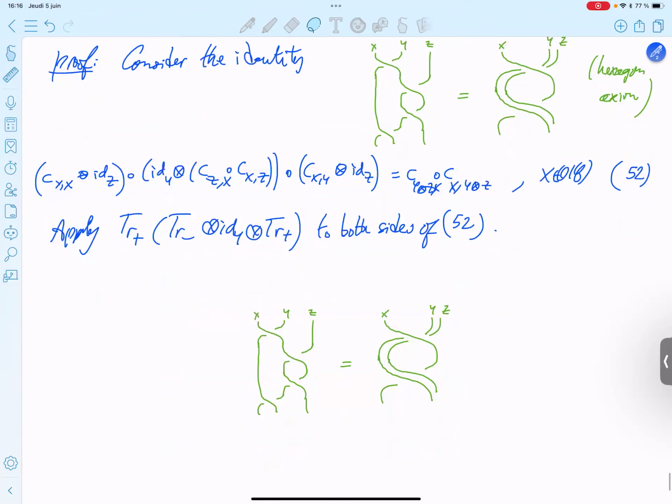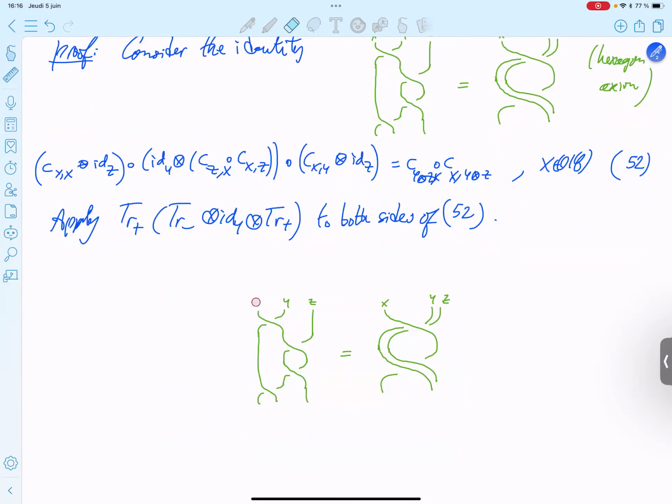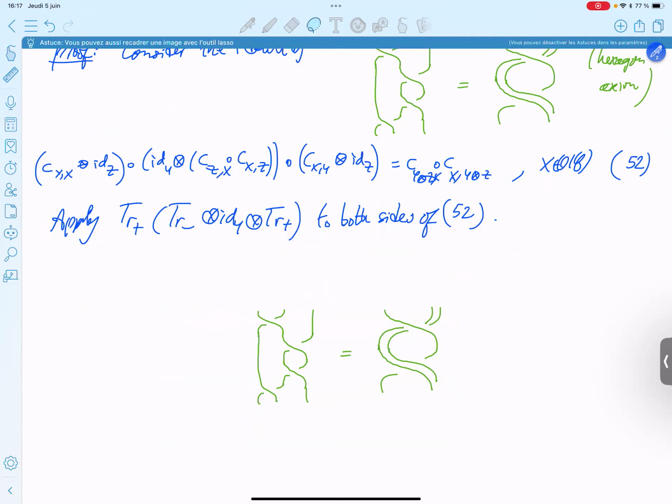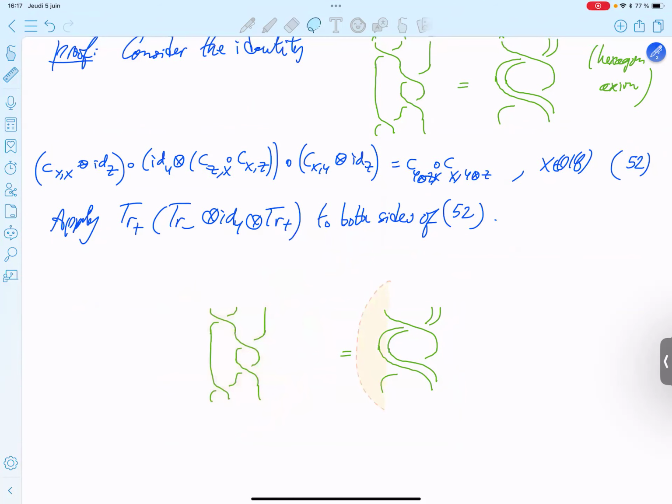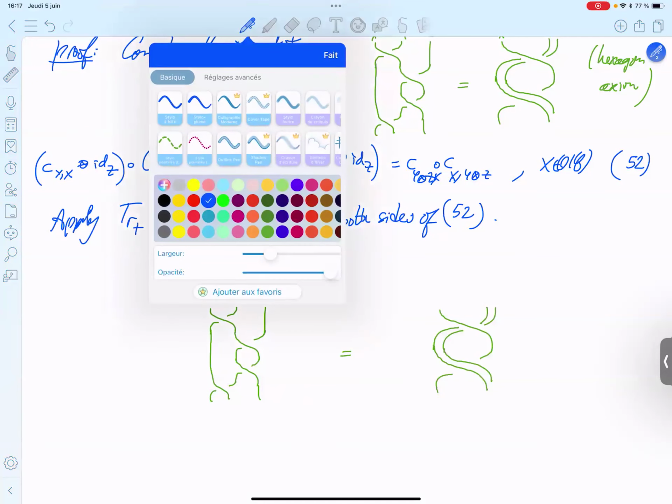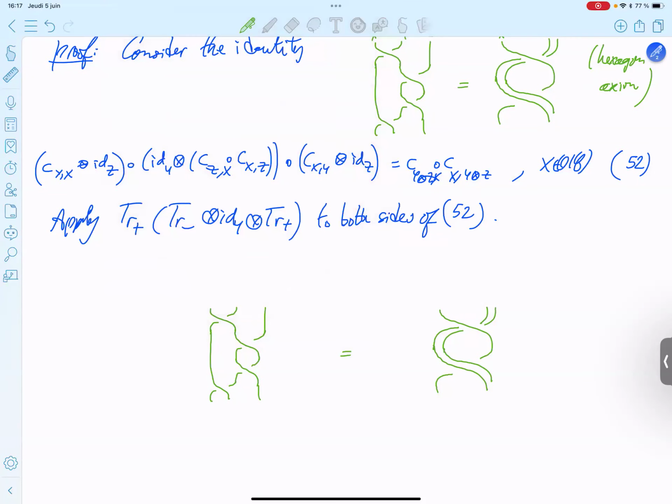So maybe I will delete the object, and maybe I need more space. So I will move a little bit. So now we apply the trace. Okay, so here the trace. So let me just draw it.